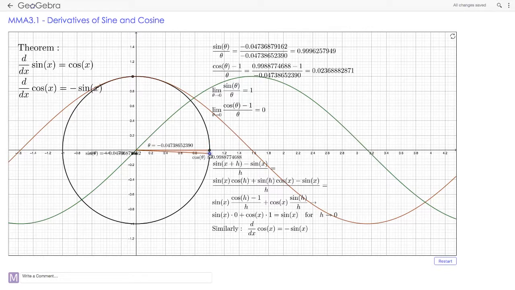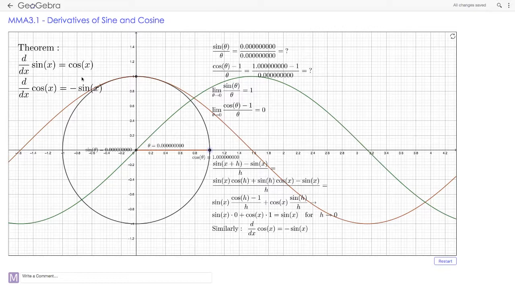Likewise, if we are just below 0, it's slightly positive. And what happens in the limit, because you can't divide by theta, right? What happens in the limit? Well, you get closer and closer to 0. But this tangent line up here is clearly 0, right? It has slope 0.